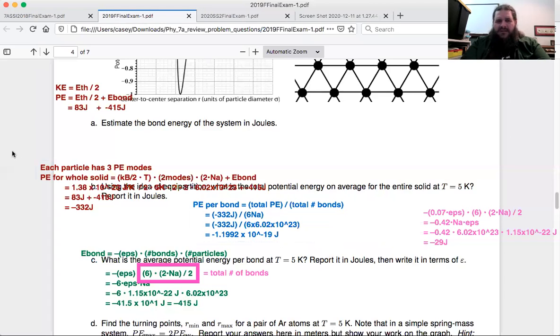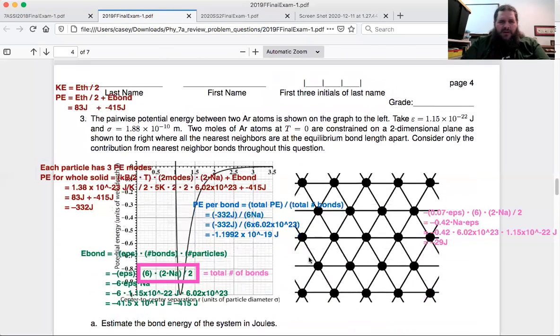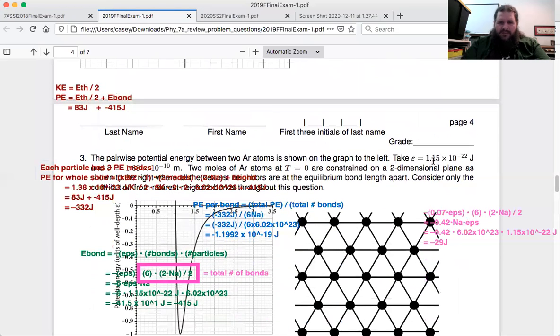But we'd like to write that in what units instead? Epsilon? Yeah, we want to put that in terms of epsilon. And I think we've got a conversion there, 1.15 times 10 to the negative 22 joules. This doesn't seem right. That's going to be way too many, isn't it? Did I get that wrong? 23rd. Yeah, that seems right.